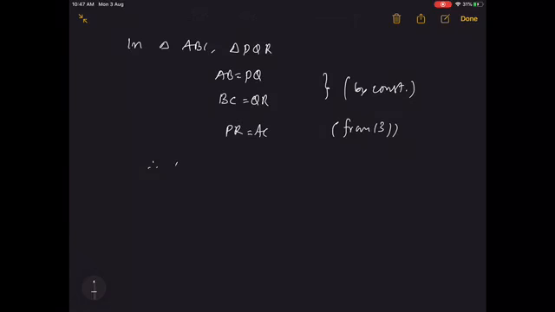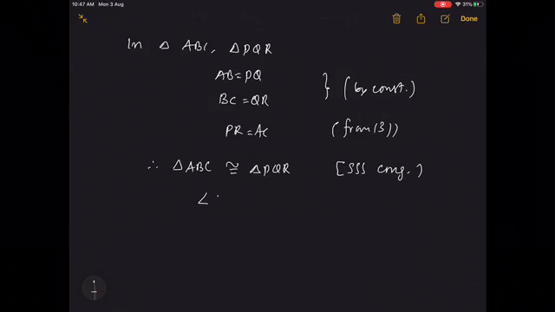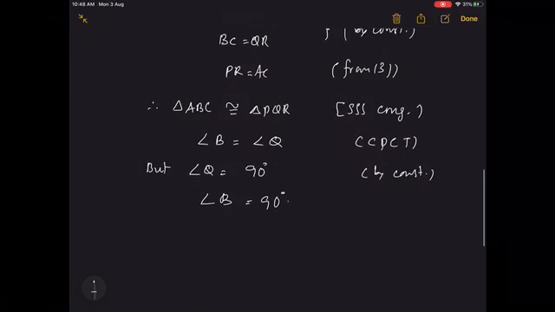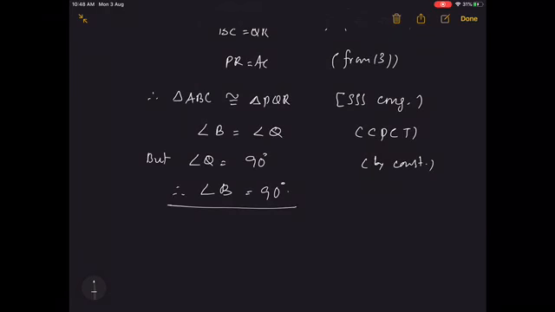Therefore, triangle ABC will be congruent to triangle PQR by SSS congruence criteria. Okay, so since they are congruent, their corresponding parts will be equal. This is by CPCT. But we have taken by construction, angle Q is equal to 90. This is by construction. Therefore, since angle B is equal to angle Q, angle B is also 90 degrees. Okay, this is the required proof, children.